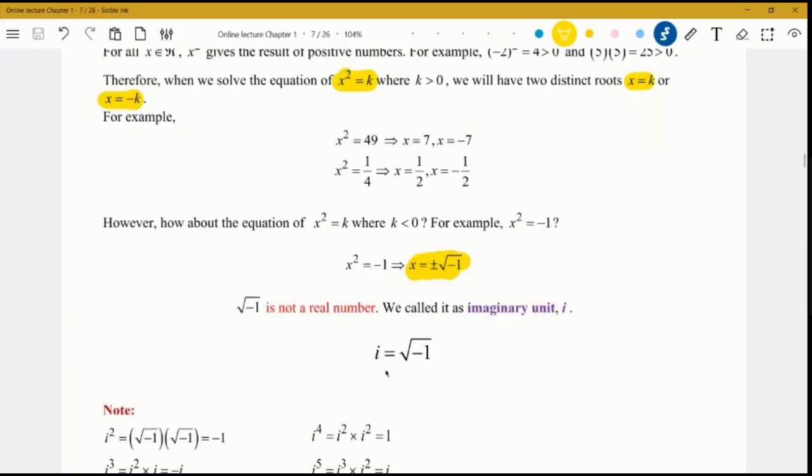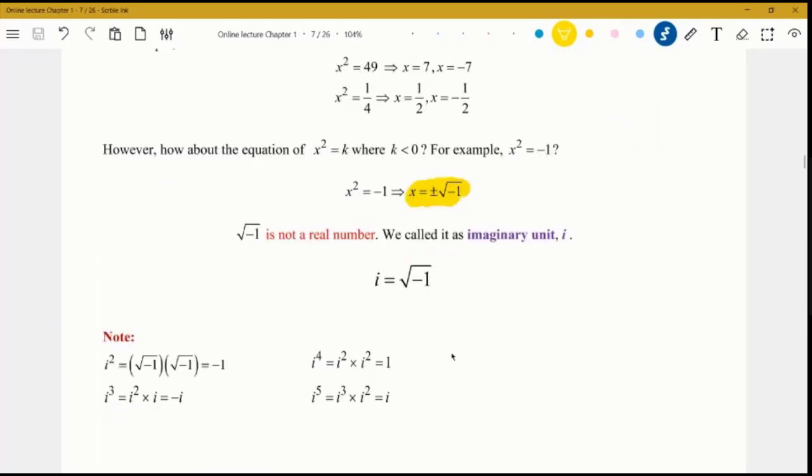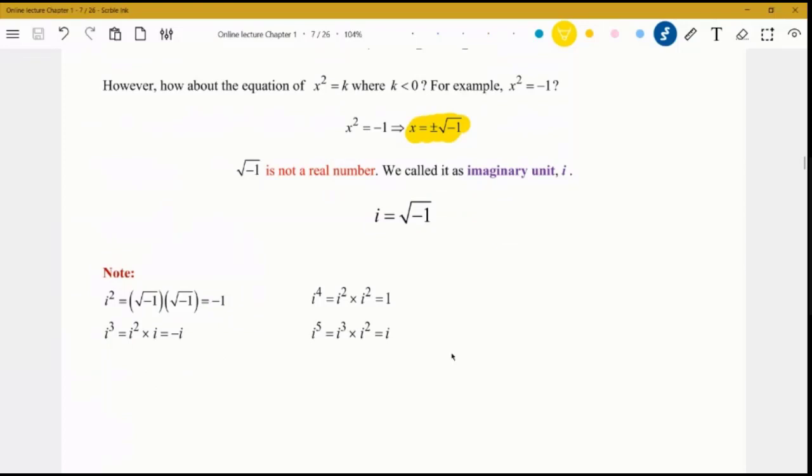Okay, so first thing first, you need to know how to simplify the i. Kalau kita ada single i equal to square root negative 1. So kalau kita ada i square, bermaksud square root negative 1 darab dengan square root negative 1. So square root dan square root, as in basic of indices, square root a times square root a adalah square root a square, so dia akan end up dengan a.